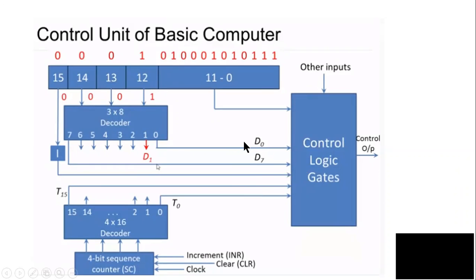That means it is a direct instruction. So the control unit will decide based on this D1 that this operation is to be performed, and corresponding control signals would be generated from here and given to the corresponding registers and other parts of the system. So this is how the system is going to work.